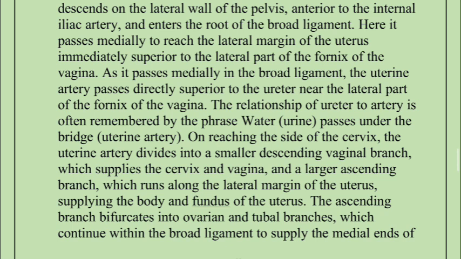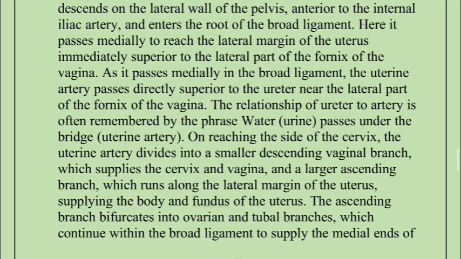As it passes medially in the broad ligament, the uterine artery passes directly superior to the ureter, near the lateral part of the fornix of the vagina.